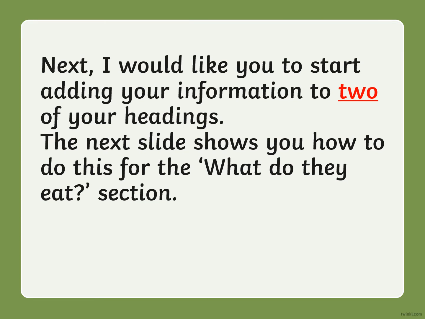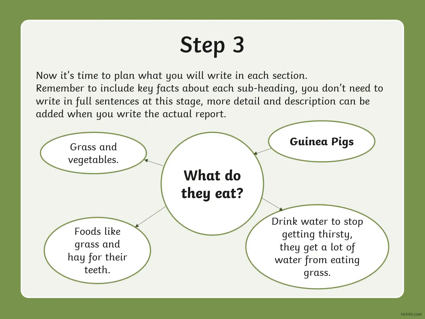Next, I would like you to start adding your information to 2 of your subheadings. The next slide shows you how to do this for the what do they eat section. Now it's time to plan what you're going to write in each part. Remember to include the key facts. You don't need to write in full sentences, just add enough information for you to understand.